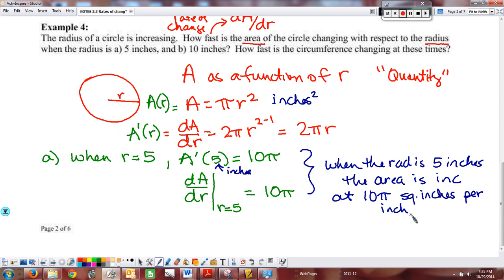And we'll say per inch of radius if you want to know that these are two different things. This is your square inches, your area that's changing per inch, square inches per inch. Don't simplify it, just write change in y unit per change in x unit.